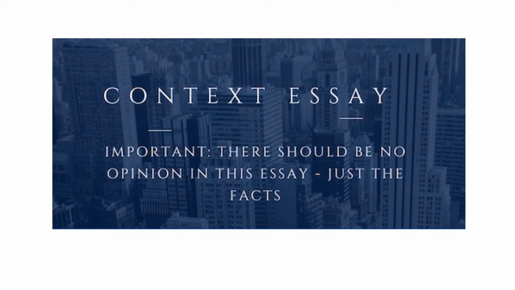Okay, so finally, this is an important element to know. In your context essay, there should be no opinion in this essay. You are just giving the facts. Therefore, you need to not use I and not use you. You are to use a third person voice, which is he, she, the author, the organization, anything like this.